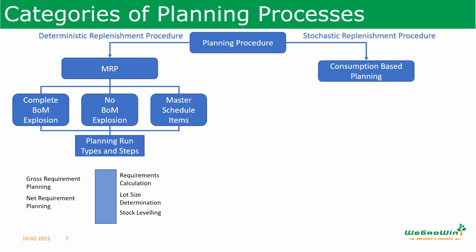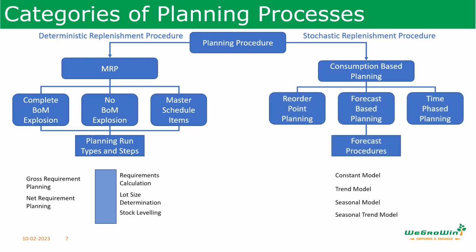Gross requirement calculation, net requirement calculation, and lot size based requirement calculations all happen in the deterministic replenishment procedure. In the stochastic replenishment procedure, that is consumption-based planning, we have reorder point planning, forecast-based planning, and time-phased planning. Again, there are different forecast models: constant model, trend model, seasonal model, and seasonal trend model.